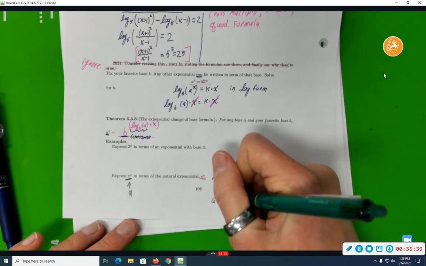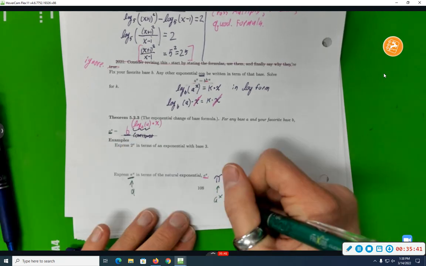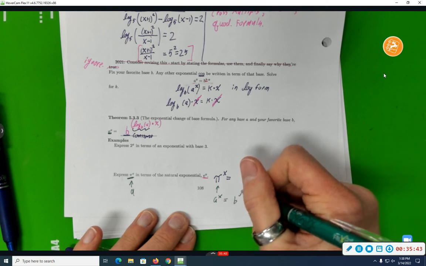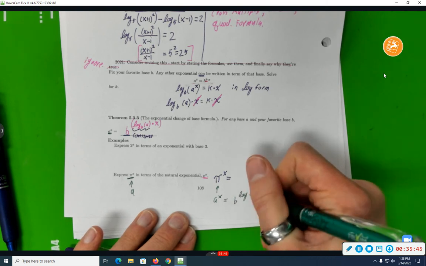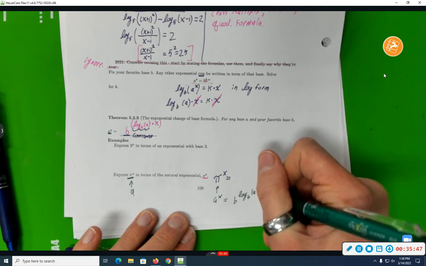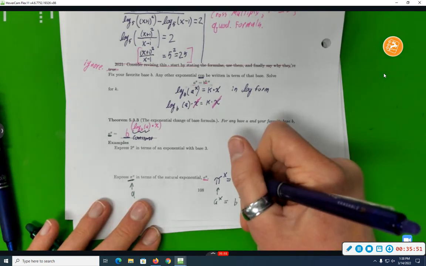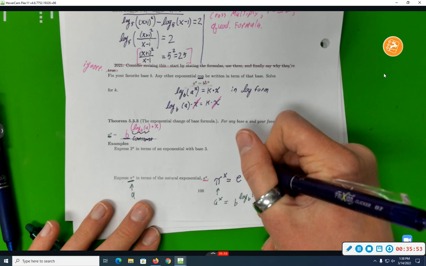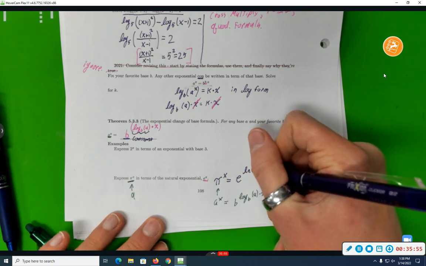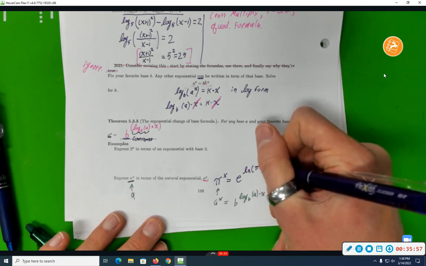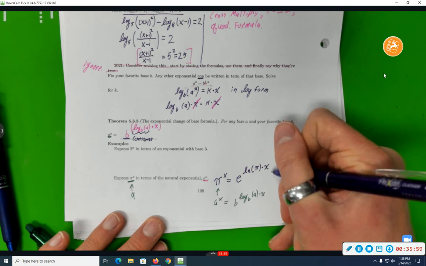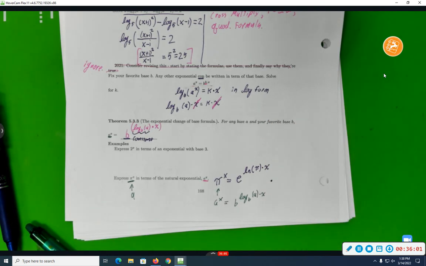So there's a to the x is equal to b to the log base b of a times x. Pi to the x is equal to e to the log base e, which is ln of pi, times x. Cool.